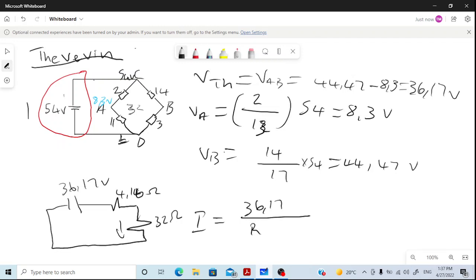I should write the formula so that you guys can know what will happen here. This is the current that will pass through the load.